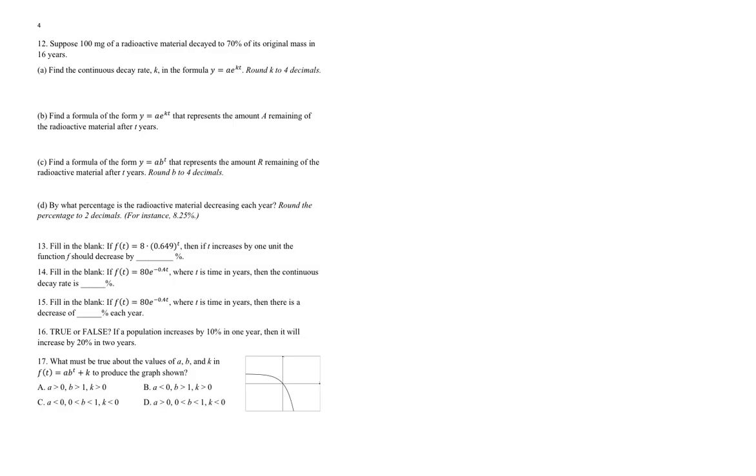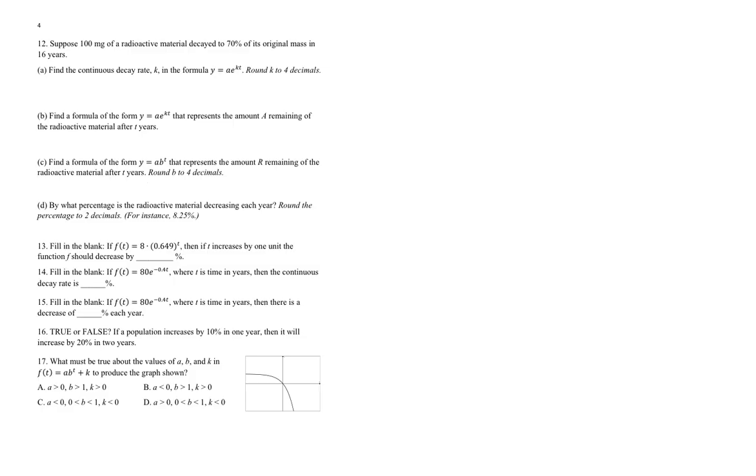Okay, let's go ahead and take a look at 17. We need to know what is true about A, B, and K to produce this graph over here. So if we start at A, and we have A is greater than 0, B is greater than 1, and K is greater than 0, I think we should have a graph that looks something like this, just our regular kind of exponential function.